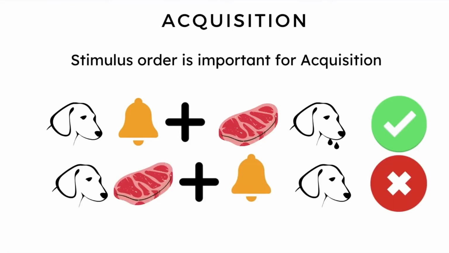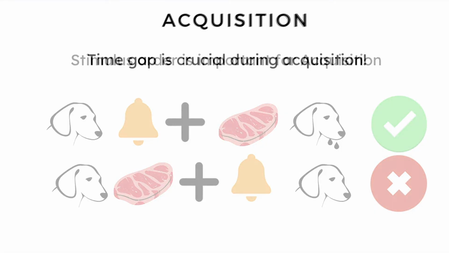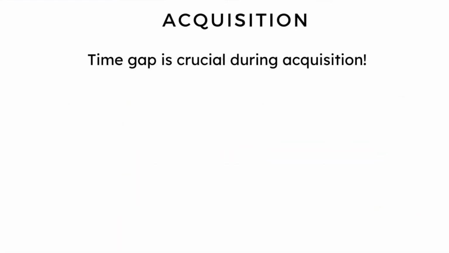If you reverse this order by presenting the unconditioned stimulus before the neutral stimulus, then the animal will never learn to acquire the pairing. In this stimulus order, the dog will not produce any response to the bell because it is still just a neutral stimulus.